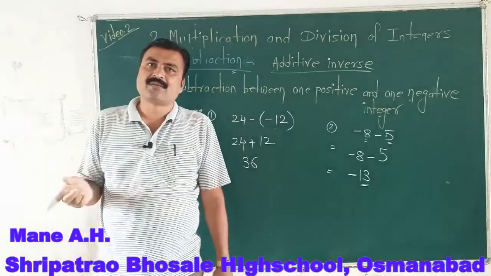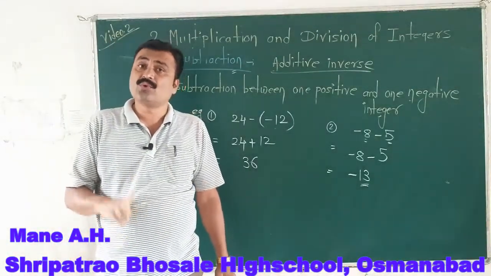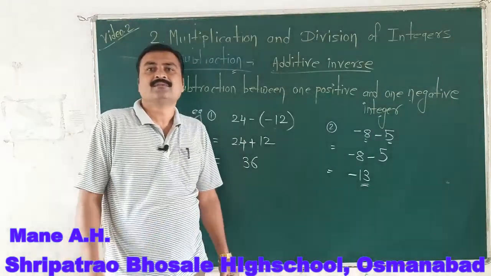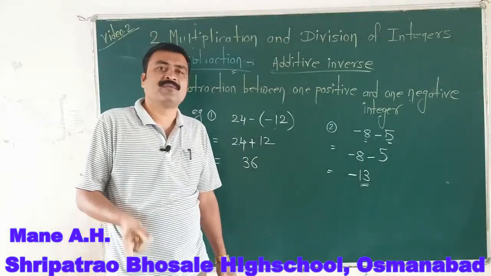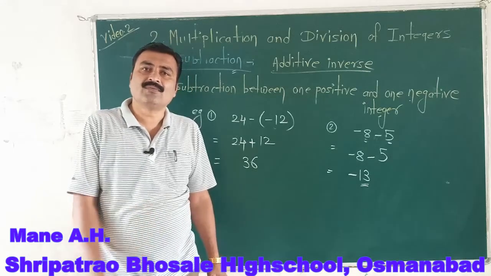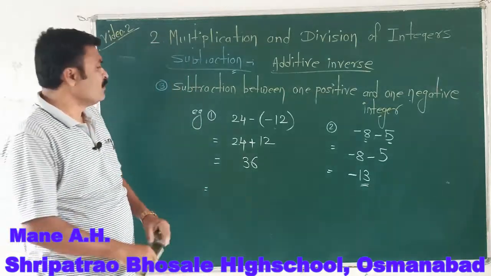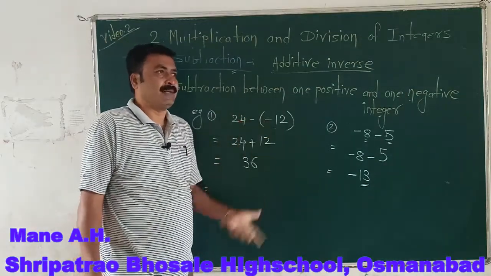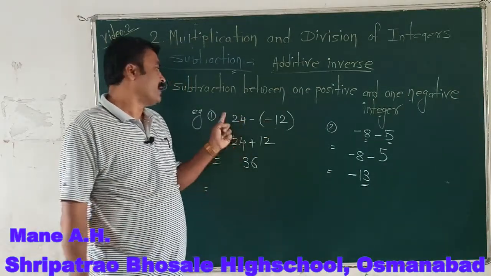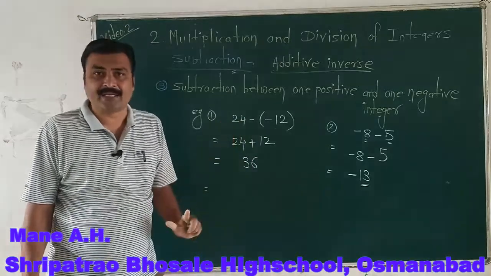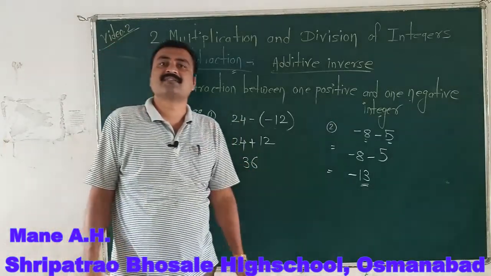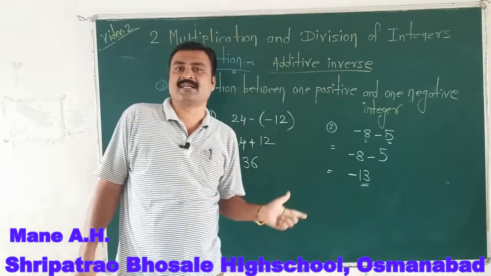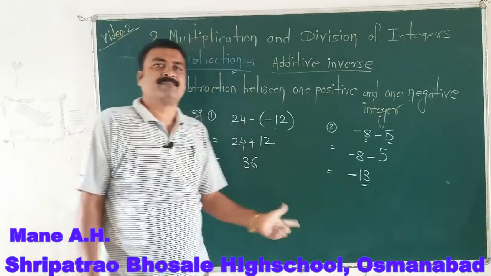When we do the subtraction between two integers, we have to add the additive inverse of the second number into the first number. दोन पूर्णांक संख्यांची वजाबाकी करत असताना त्या ठिकाणी पहिल्या पूर्णांक संख्येमध्ये दुसऱ्या पूर्णांक संख्येची बेरीज व्यस्त संख्या मिसळली जाते, म्हणजे ॲड केली जाते.